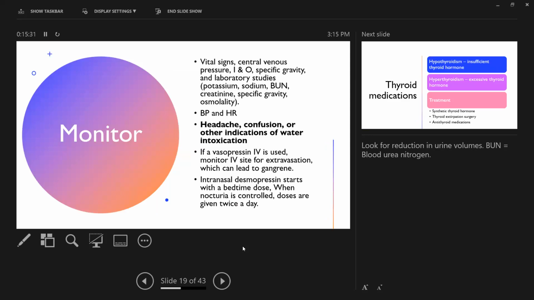So monitor vital signs, monitor central venous pressure, monitor their water input and output. That may seem like kind of useless bean counting, but it's quite important.